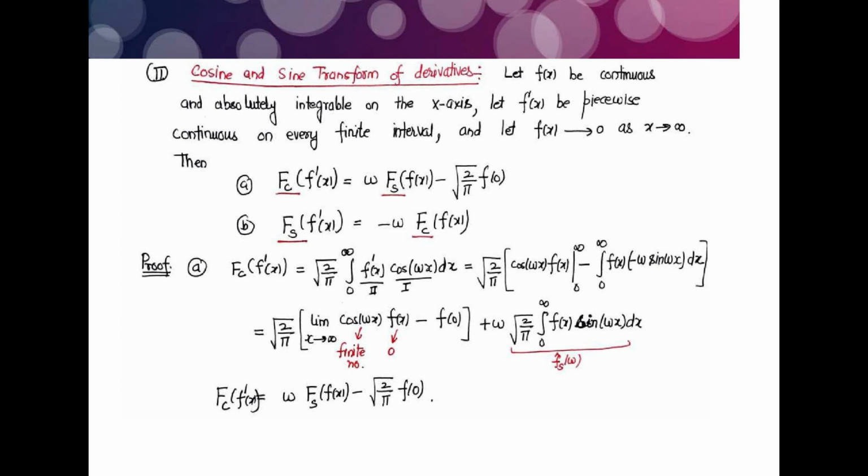And we just have the second expression, minus f of 0 multiplied by square root of 2 upon pi. And if you see the underlined expression in the second line, it is nothing but the Fourier sine transform of the function f of x, and hence we have the result for the Fourier cosine transform of f dash x.